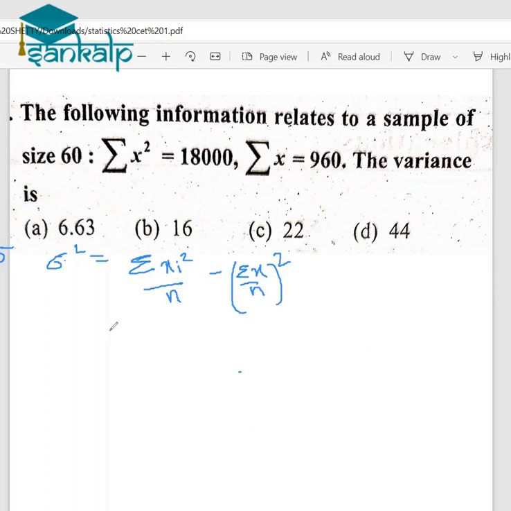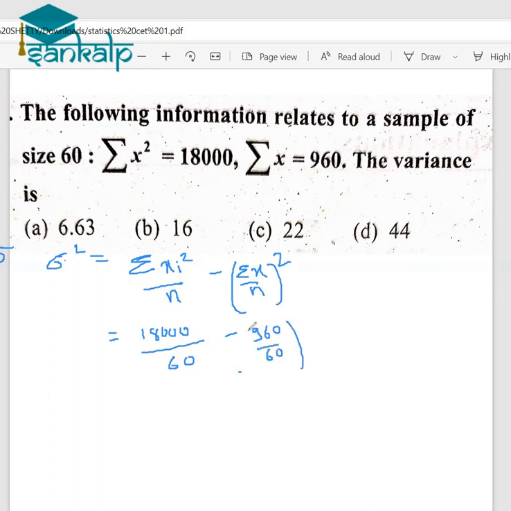So here the number of scores are given and sigma xi square value is given. Sigma xi square value is 18,000 divided by n value, which is 60, minus (960 upon 60) whole square.